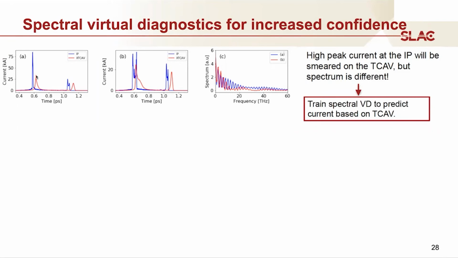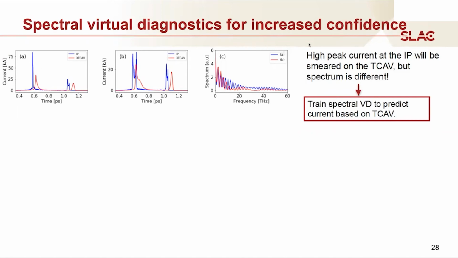And you can see that there is spectral information that talks to these very short bunches. And of course, if the bunch gets shorter, the bunch will radiate more at higher frequencies. And so knowing this fact, we know that we're going to be more and more sensitive in the spectral domain to bunches that are shorter.